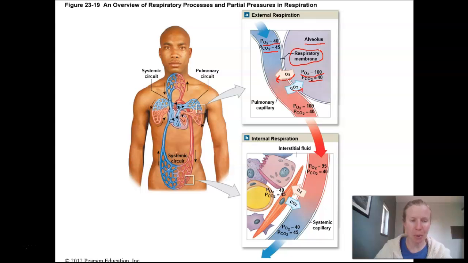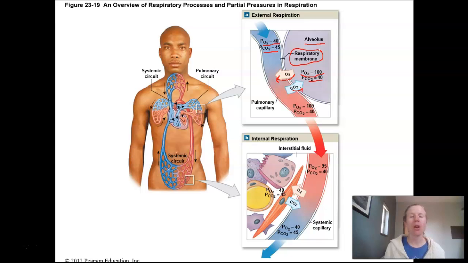We said it's like a tennis court. And then we also make sure to match the blood flow and the airflow. We coordinate those. So blood flow actually increases around alveoli that have a higher partial pressure of oxygen because we're trying to pick that up.